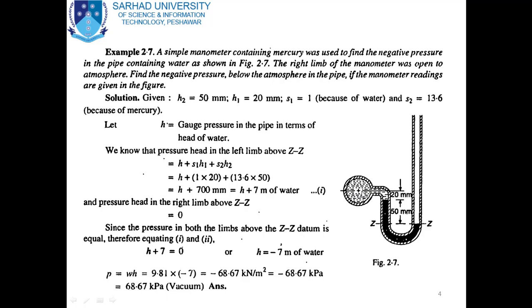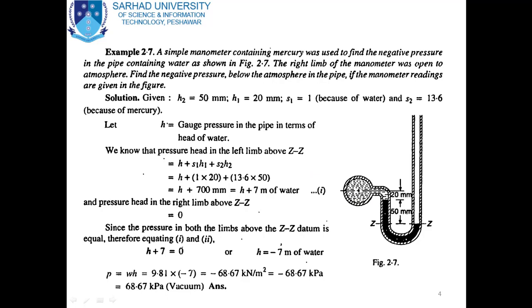So S1 is equal to 1. And S2 is equal to 13.6 since the specific gravity of mercury is 13.6. Let H be equal to the gauge pressure in the pipe in terms of head of water. So H is the pressure in this pipe in terms of head of water.